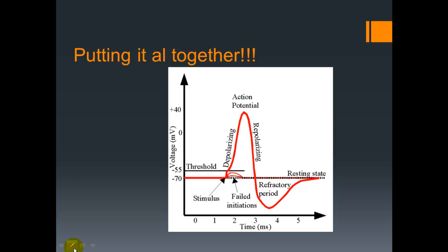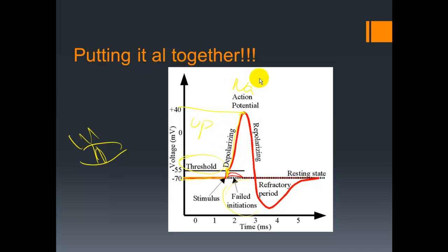The graph is important to look at and understand, tell the story through the graph. So resting, just like when you're lying down, it's going to be horizontal. When the neuron receives a stimulus, it has to reach a certain threshold. Once it reaches the threshold, it is all or nothing. So it will depolarize, or we can call this the upswing, to positive 40.